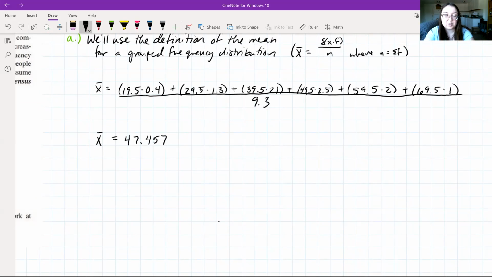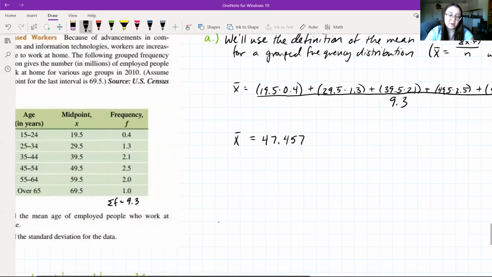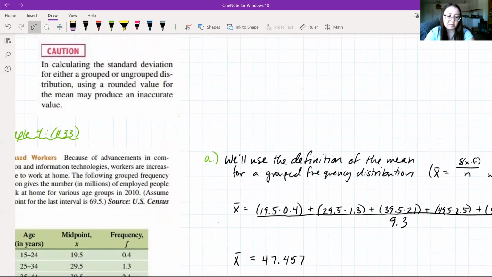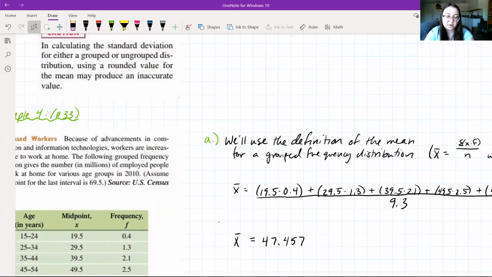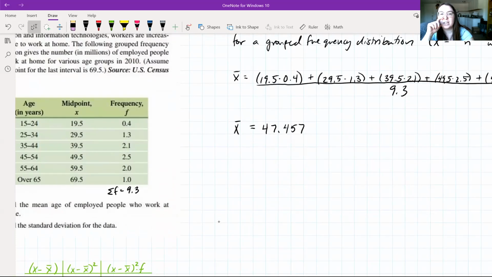So it's very tempting to round up to 47.5 because at least we'll just have one decimal. Kind of makes sense with the table that we have here. But remember, in our caution, when we calculate our standard deviation for either grouped or ungrouped distribution, using a rounded value for the mean may produce an inaccurate value. So we want to keep our number here.